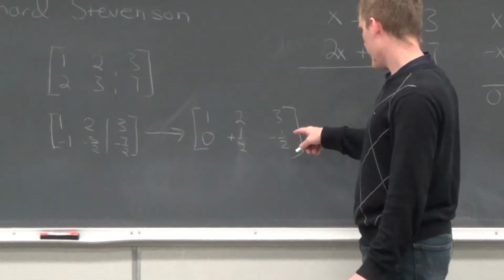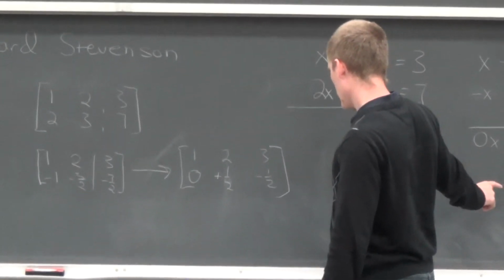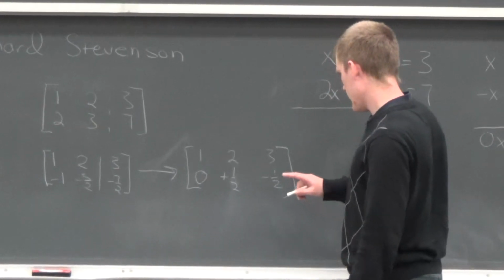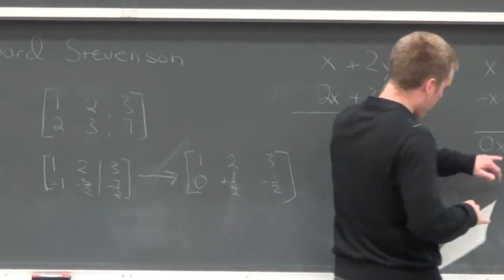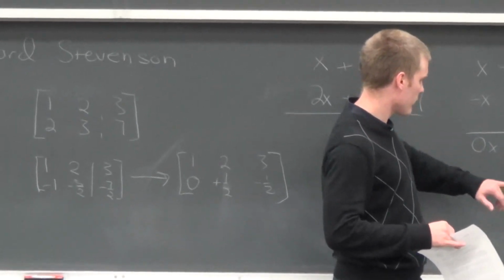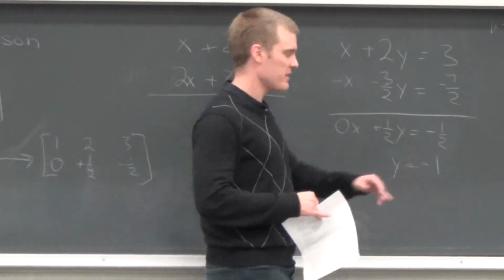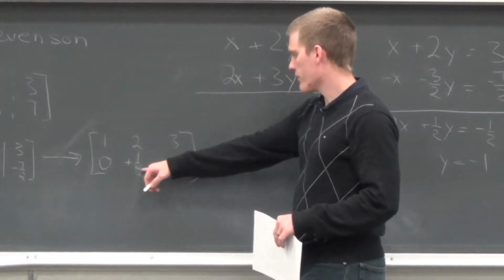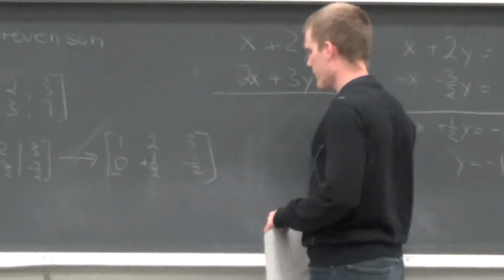Alright, and finally, what we have here is 1/2 y equals negative 1/2, so we turn the coefficient of the y into a 1 to find out what the other side is. So we're going to scale the bottom row here to make this coefficient 1, and then this should hopefully come out to the desired negative 1.